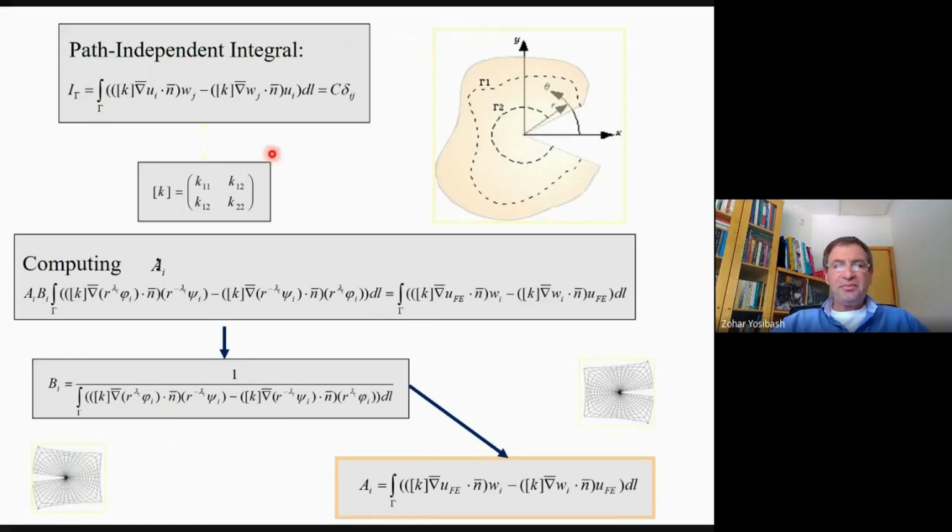So if I have a solution, which I call U, a solution of the Laplace equation for example, and I have a dual solution, which I call W, then this integral can be shown to be path independent. Not only that it is path independent, it also has a very interesting property.